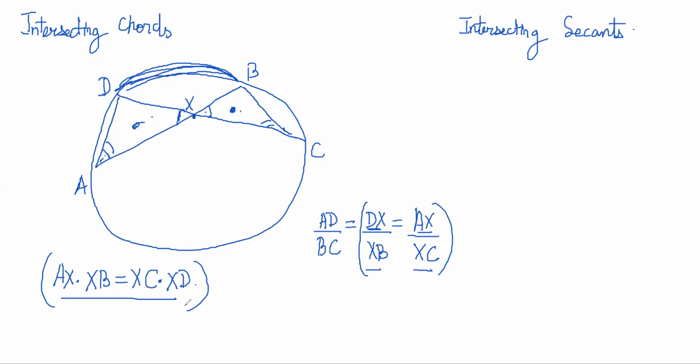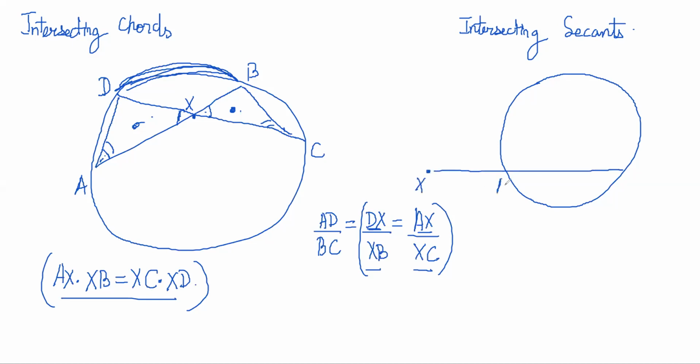Okay. So, intersecting secants theorem. Now we have some secants, so I'll draw the figure. Let's say we have a point X here and there is a line like this. This is a secant line because it cuts the circle in 2 points, right? Similarly, you have a line like this.